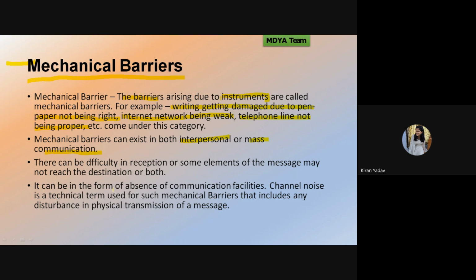It can be in the form of absence of communication facilities. Channel noise is a technical term used for such mechanical barriers, that include any disturbance in physical transmission of the message. So in mechanical barrier also noise can be there. If the noise is in any technical part of the message channel, then it comes in mechanical barrier.